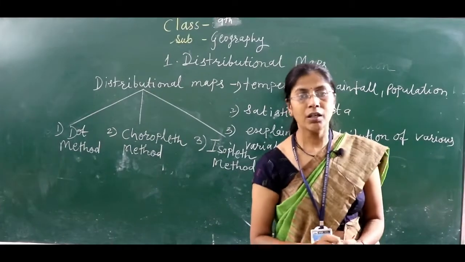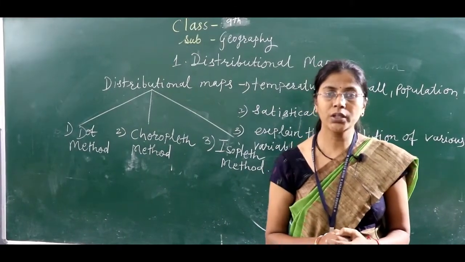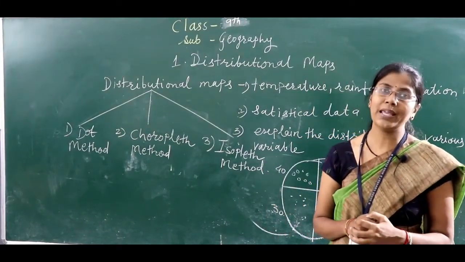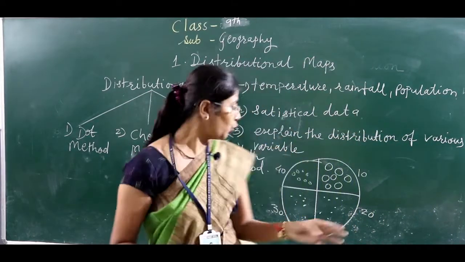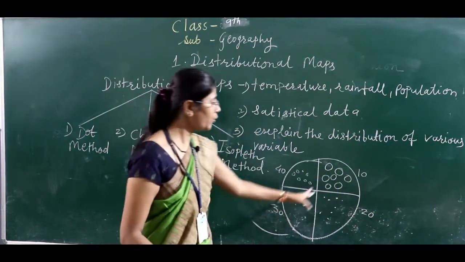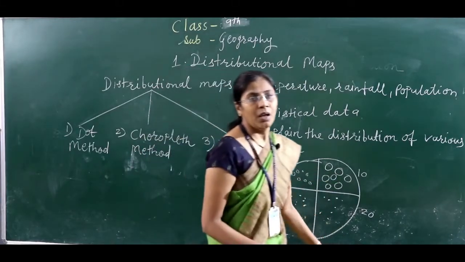In a dot method, the dots are used to show the distribution of a particular variable as per the way a variable is distributed throughout the region.